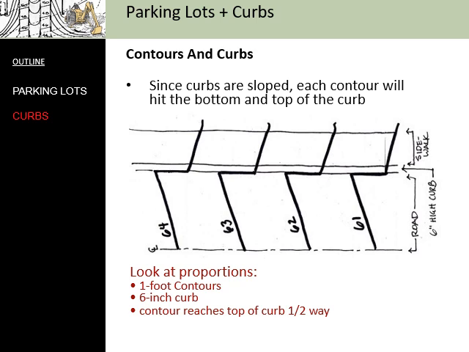If we have, for example, 1 foot contours, then if we have 6-inch curbs, the contour will run halfway along the curb before it jumps up and runs over on the sidewalk. So each contour will go halfway between where it hits and where the next contour hits before it jumps across the curb and onto the sidewalk. And we'll talk about this more in a little bit.